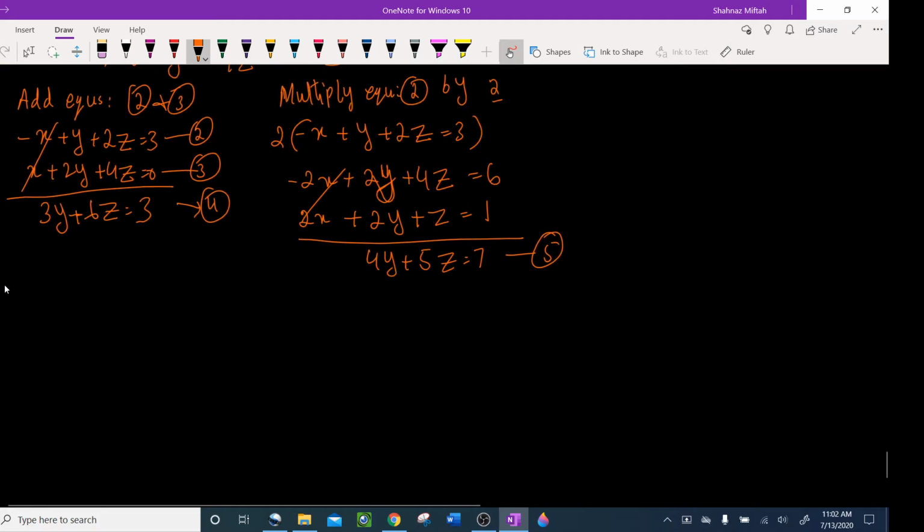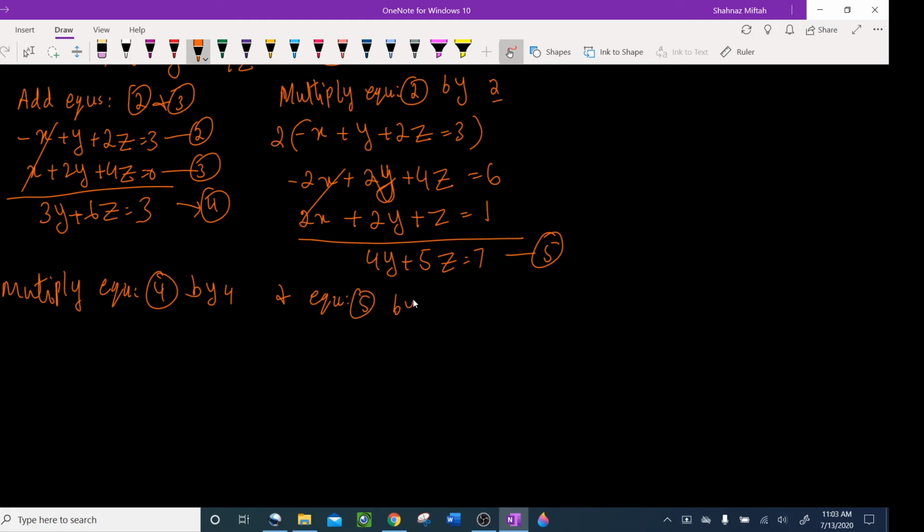So I'm multiplying equation 4 by 4 and equation 5 by negative 3. Okay, and let's try doing this.